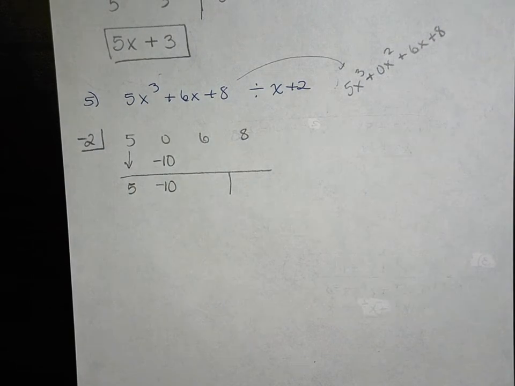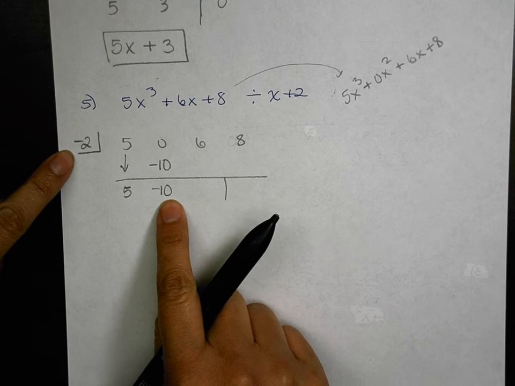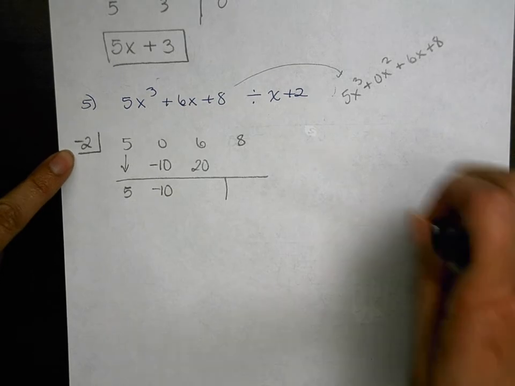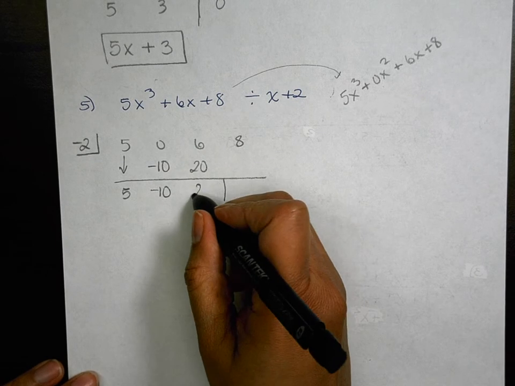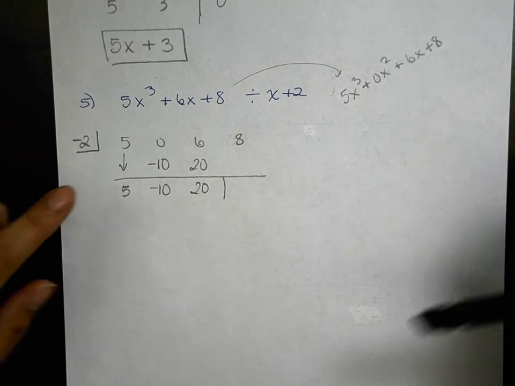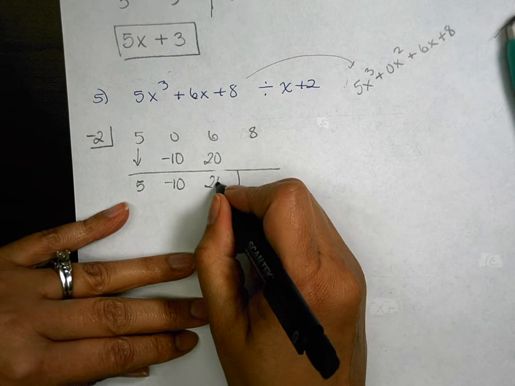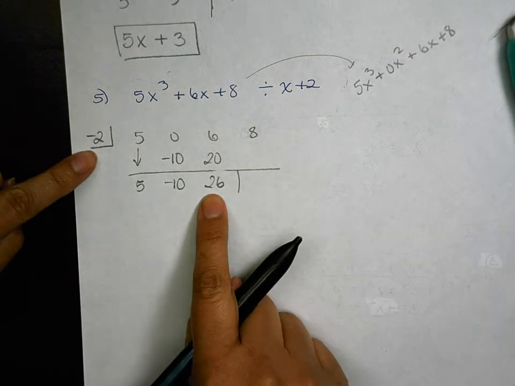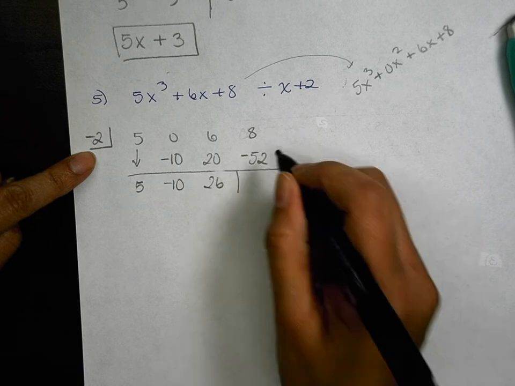Do you want me to continue, or you guys have got it? Continue? Okay, what's negative 2 times negative 10? What's 6 plus 20? Oh, not 20. What did you say, 26? And then negative 2 times 26? Negative 52. And 8 plus negative 52?